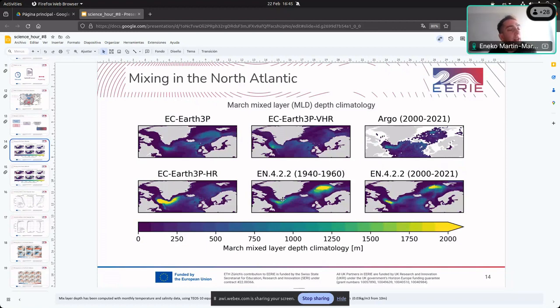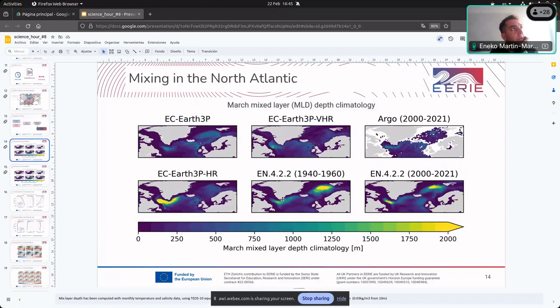And then I used the density threshold algorithm to compute the mixed layer depth, setting the density threshold to 0.03 kilograms per cubic meter at 10 meters, which is the common one. This is the definition that is used when computing the mixed layer depth from instantaneous data.